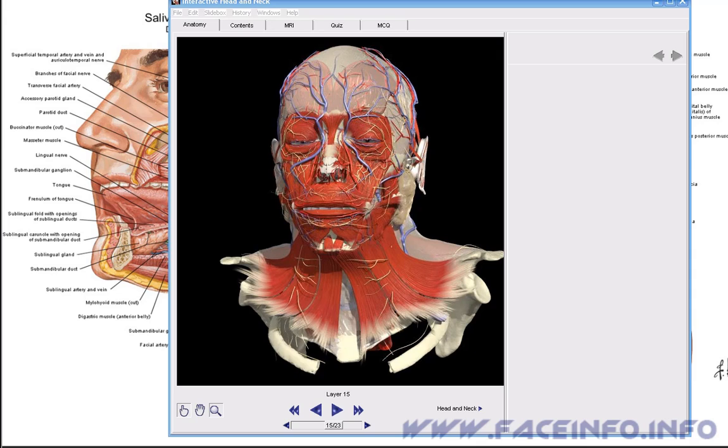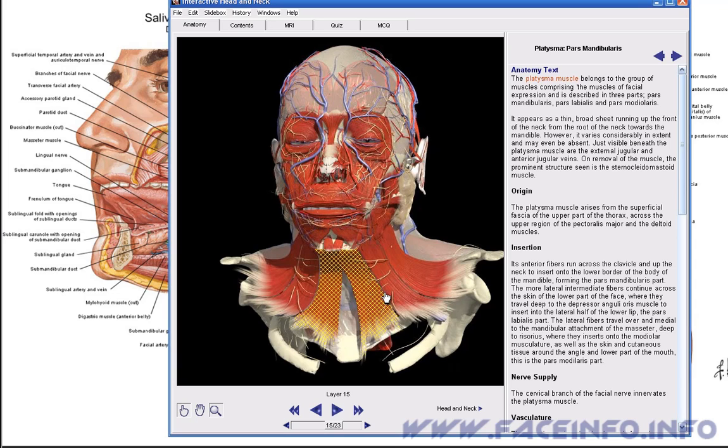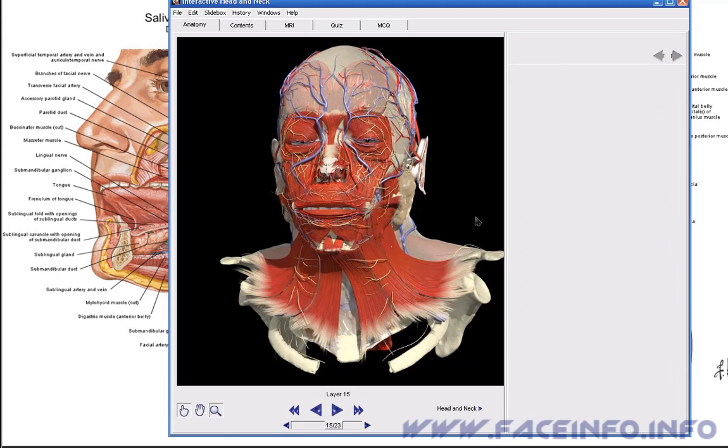It looks like a wide blanket and it has three parts: mandibular, labial, and modiolus. All three parts arise from the superficial fascia of the upper chest, across the upper part of the pectoral and the deltoid muscle, and rise under the skin of the neck.